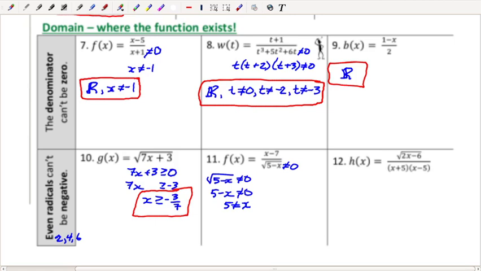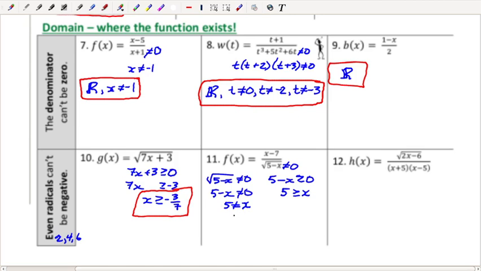The other thing we have is the root. It doesn't matter that it's in the denominator, it's the thing underneath the root sign, 5 minus x, that has to be greater than or equal to 0. So 5 minus x greater than or equal to 0, move the x to the other side, and I've got x is less than or equal to 5. Now, I have here x is less than or equal to 5, and I also have that it's not allowed to equal 5. So what do I do with that?